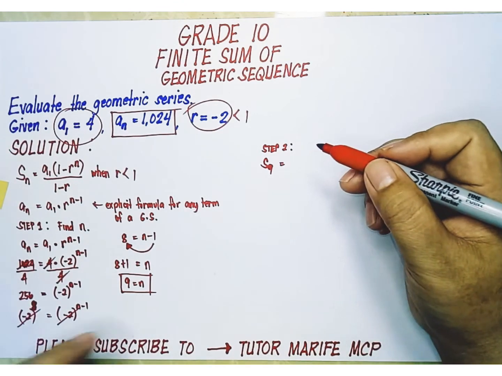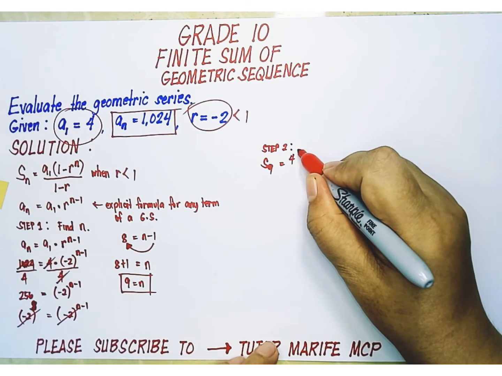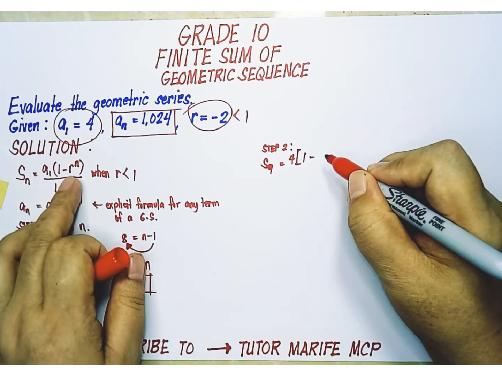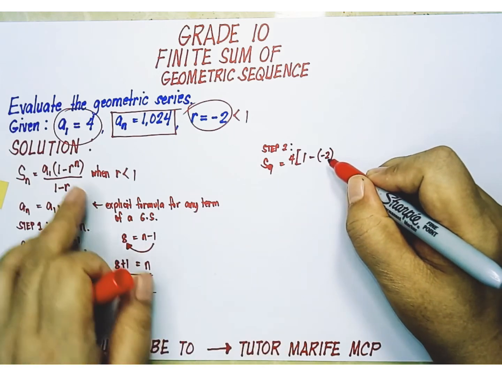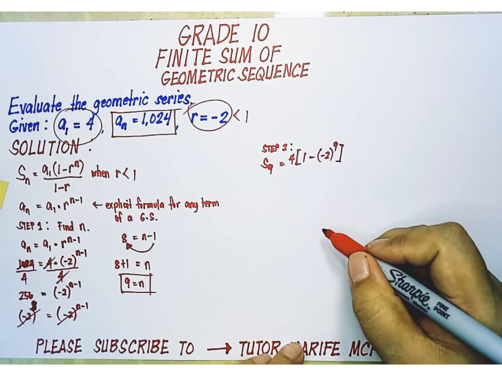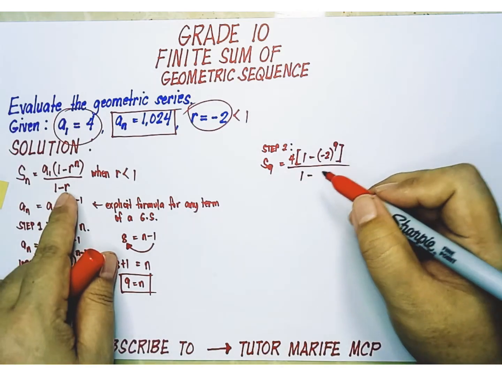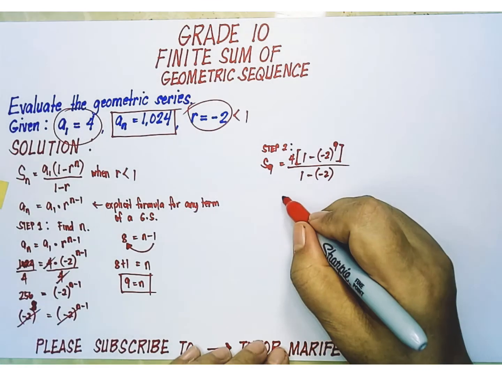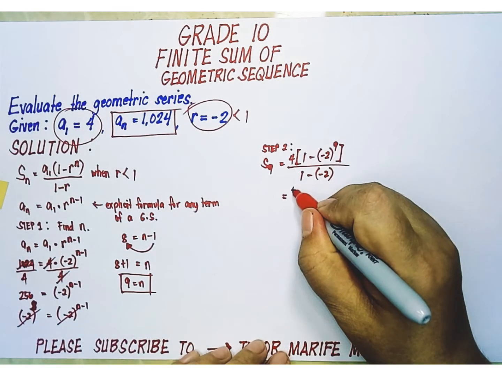So, it's equal to a sub 1, 4, times the quantity 1 minus, you plug in your r, it's negative 2, raised to your power 9. Close. All over 1 minus, again your r is negative 2. Okay? So, it's 4.